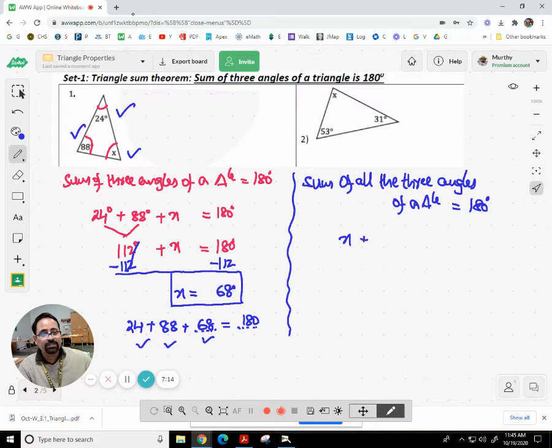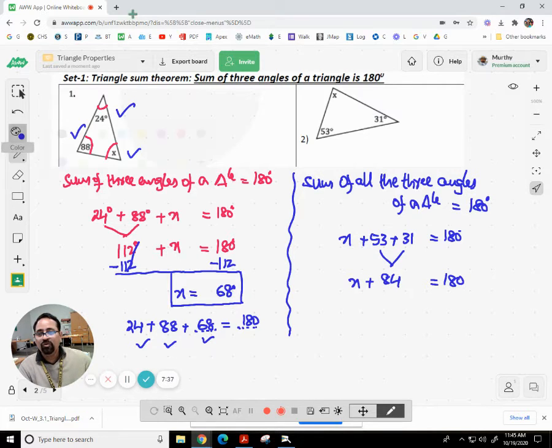Therefore, x plus 53 plus 31 equals 180. You can write them in any order, it doesn't matter. So 53 and 31 gives me 84 degrees. So x plus 84 equals 180.